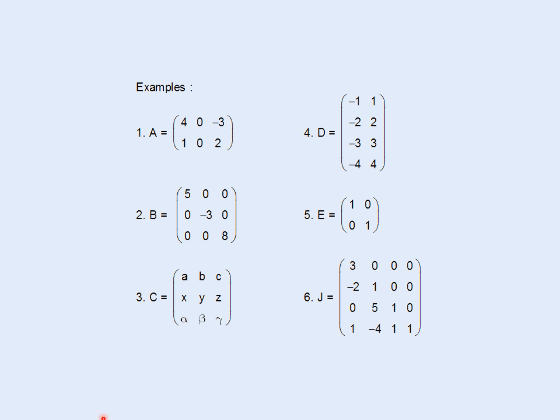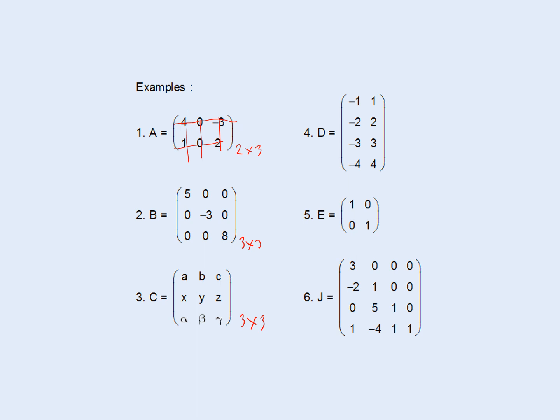The following are some examples of matrices. Matrix A is a 2 by 3 matrix, meaning there are 2 rows and 3 columns. Matrix B is a 3 by 3 matrix. Matrix C is also a 3 by 3 matrix.